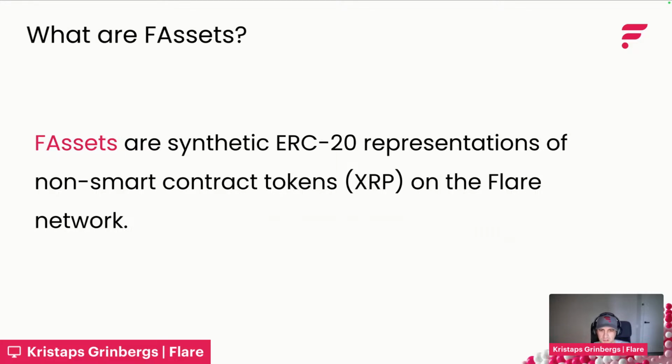XRP is a non-smart contract token on the XRP Ledger network, and with the FAsset system, you can get a representation in an ERC20 token, which you can work with, and that is a widely known standard for every developer in blockchain and Web3.